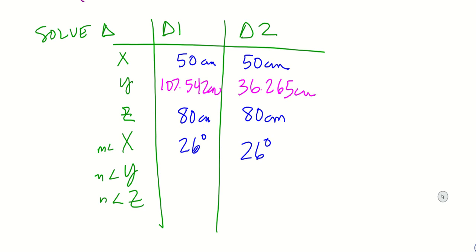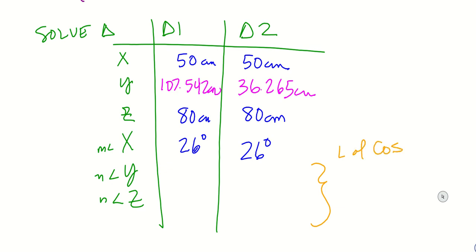So what I have left is finding my angles. At this point, I know 2 sides and an angle, trying to find a third. So to find these angles, I'm going to use law of cosines.